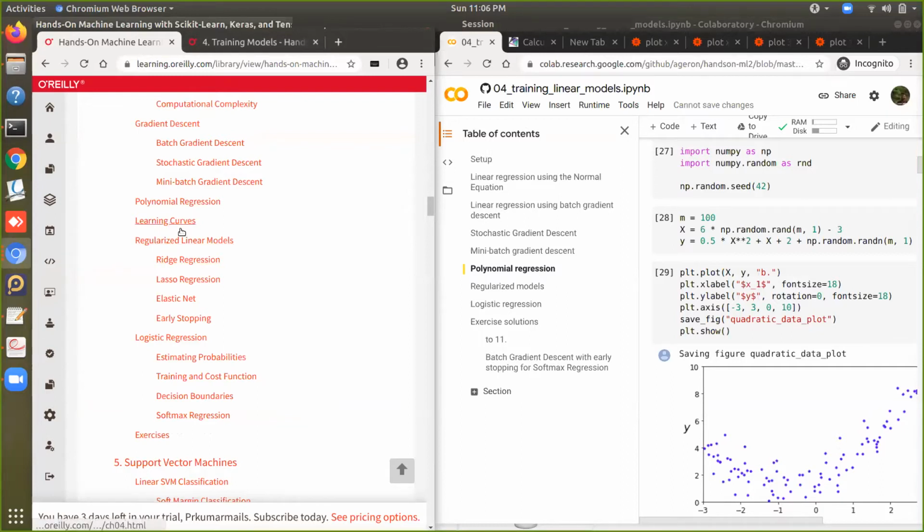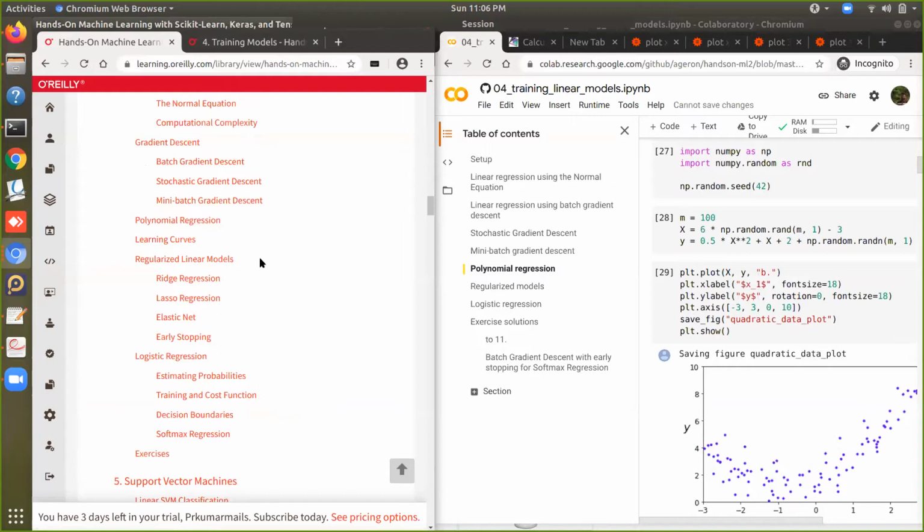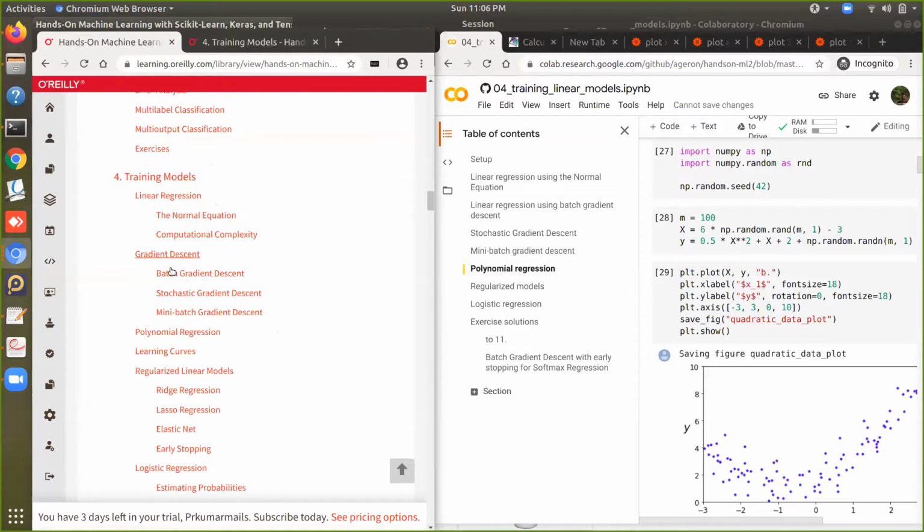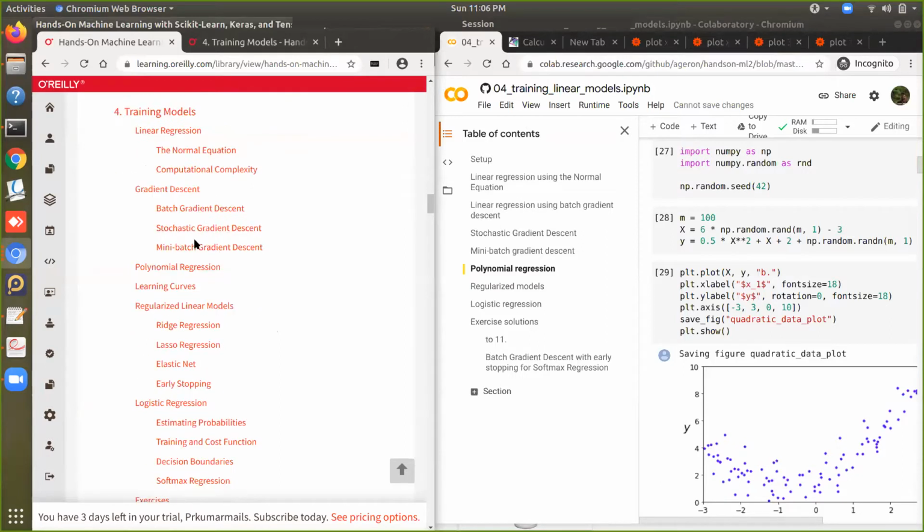The section that we are about to start now is learning curves. It is somewhat related to polynomial regression. So far we have seen mostly gradient descent. In linear regression, we have features with degree 1.